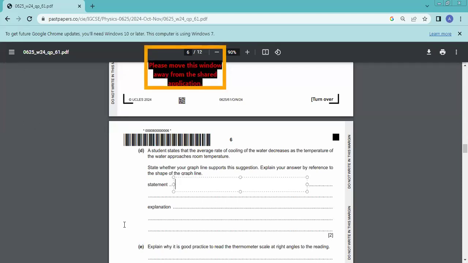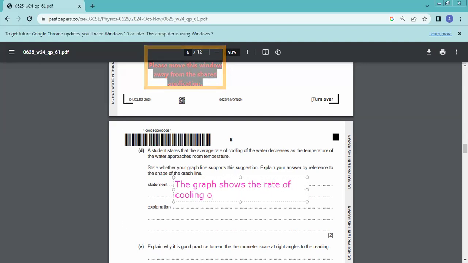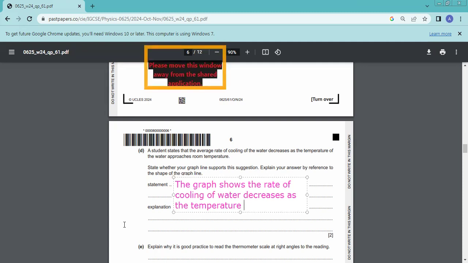The graph shows that the rate of cooling of water decreases as the temperature approaches room temperature.